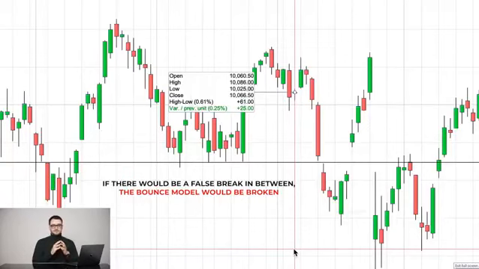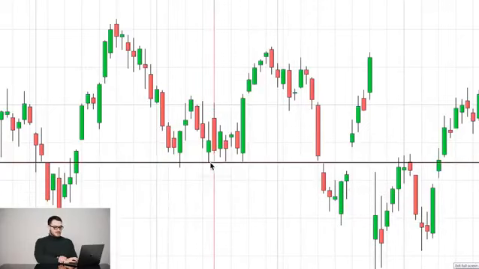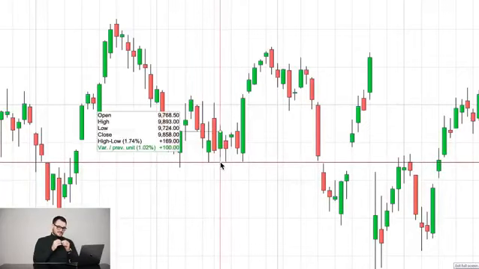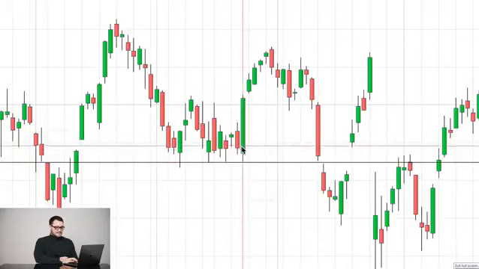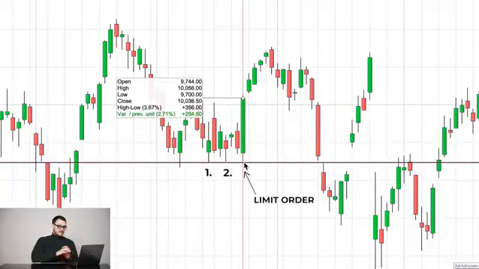This needs to be extremely precise for us to be able to trade the bounce. And the idea of trading the bounce would be that we see the first one, the second one, the precise one, then we can see that the bounce structure is developing. And then once the price comes down to this level, we set out our limit order.